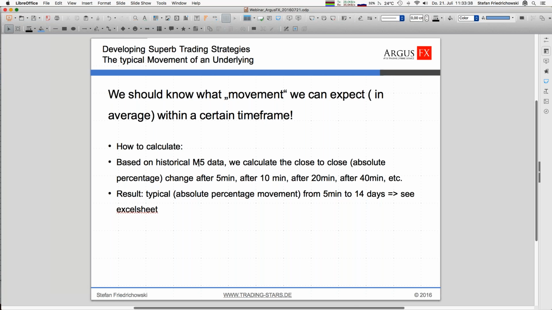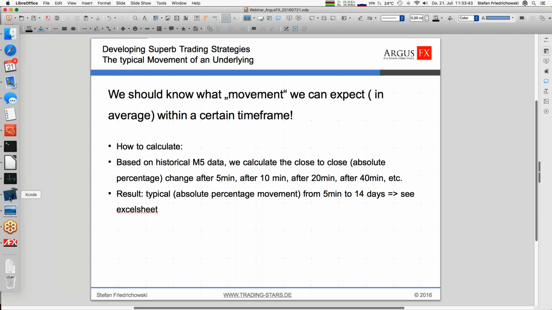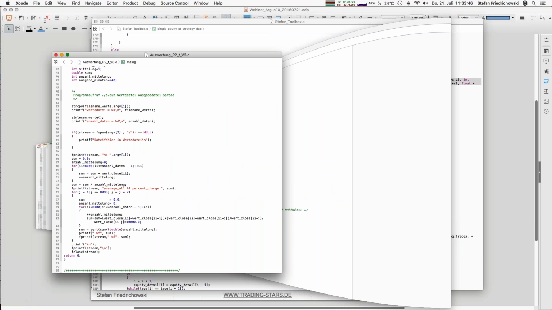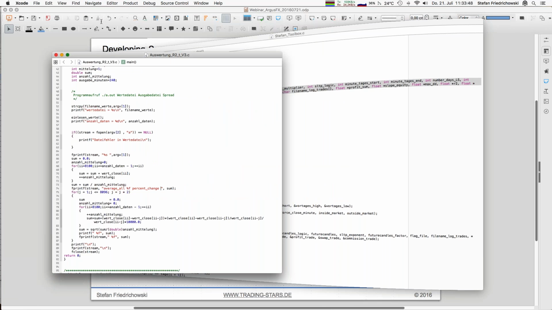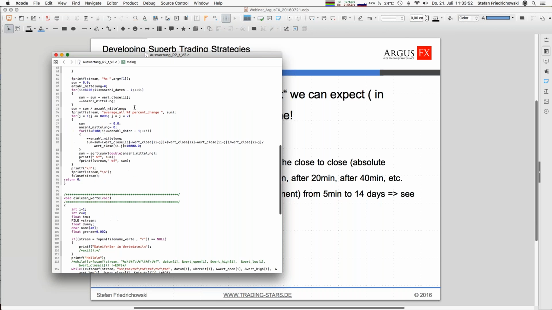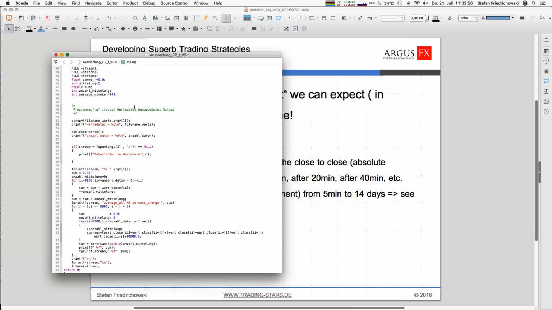Therefore, I do those kinds of calculations in a small C program, just so you have an idea of how something like this looks. That is a complete program for the calculation; I will show you the results.